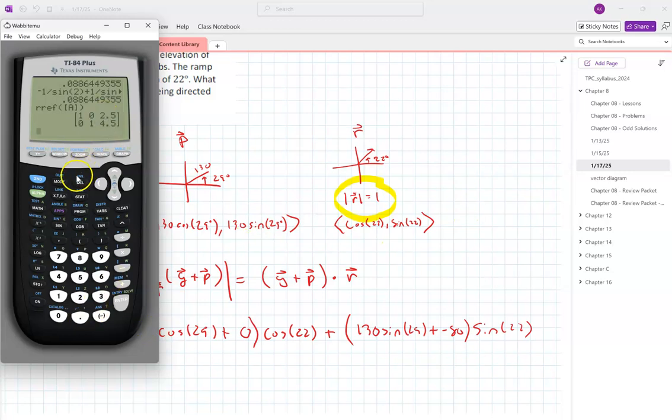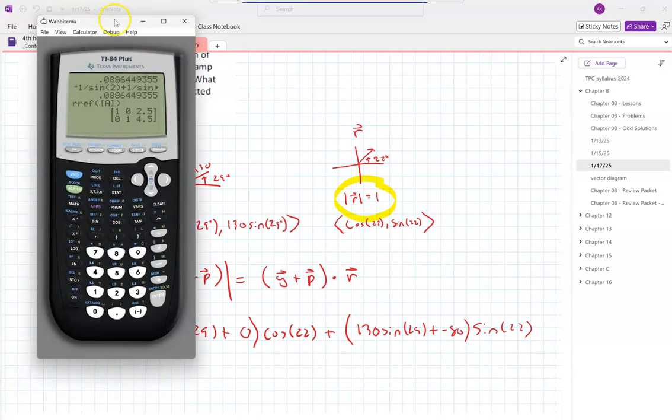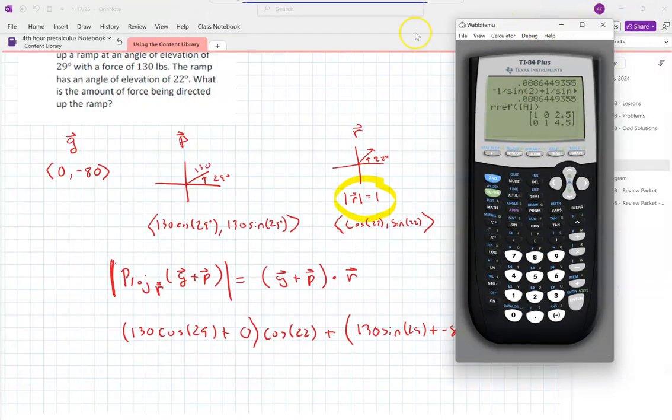So into my calculator we go. Got to make sure I'm in degree mode. Good thing I checked. I switched it out last period. All right.